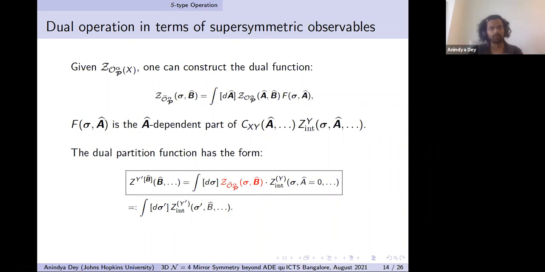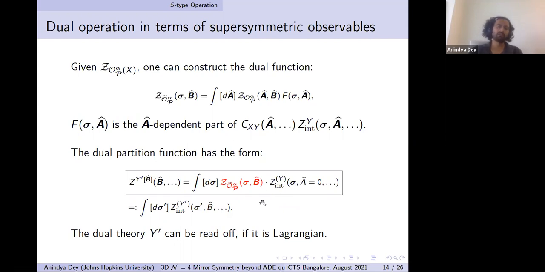Now, note that it's not clear from this expression that the dual theory Y prime is Lagrangian. In general, we know of examples where the mirror of a Lagrangian theory may not be a Lagrangian theory. However, if Y prime turns out to be a Lagrangian theory, then its gauge group and matter content and so on could be read off from this expression.